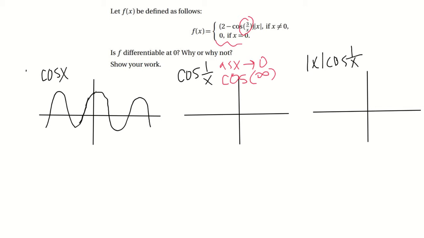Cosine of infinity means that the period of cosine keeps shortening as we get closer and closer to 0. So we end up with a function that looks normal out here, but as we get closer to 0, the period gets irregular.